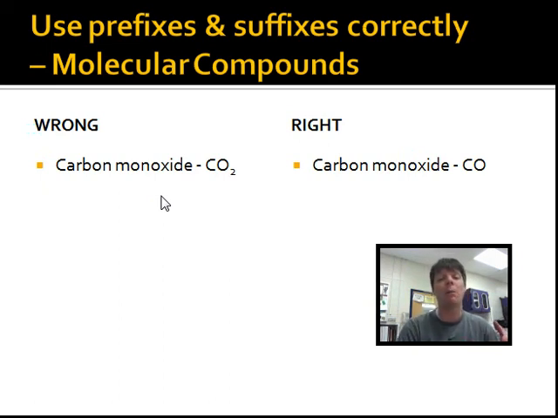Now, if you have a compound like N2O4, now we need to use a prefix for that nitrogen. We would say dinitrogen tetraoxide if it's N2O4. So we want to make sure that you are memorizing the appropriate prefixes and using those in the appropriate places. The second element is always going to get a prefix. The first element, its name is going to stay just the same as what it is on the periodic table.